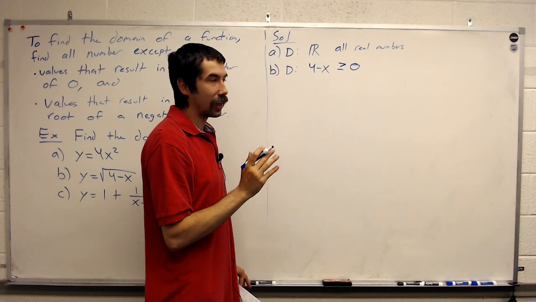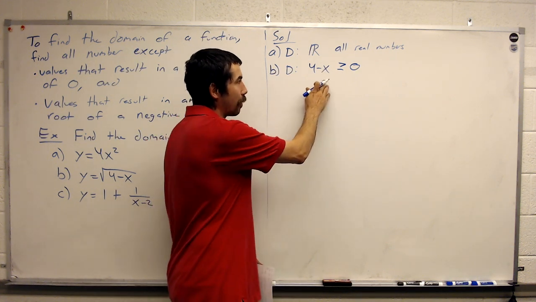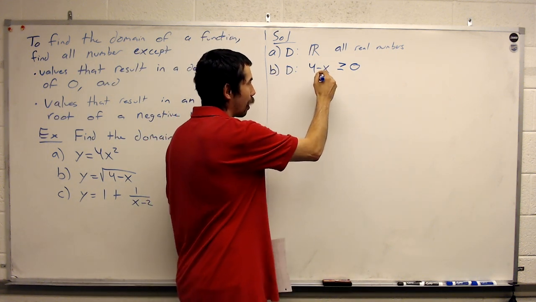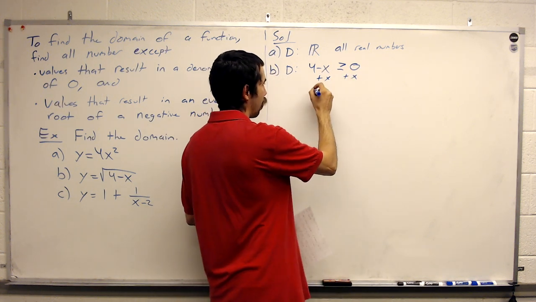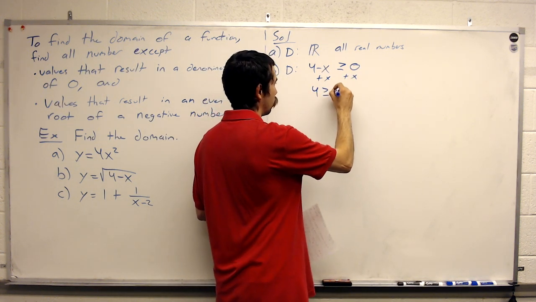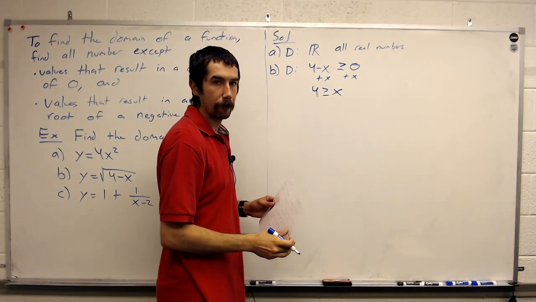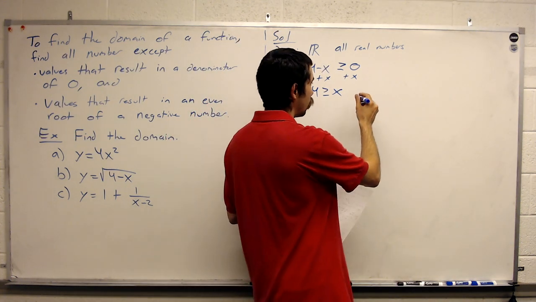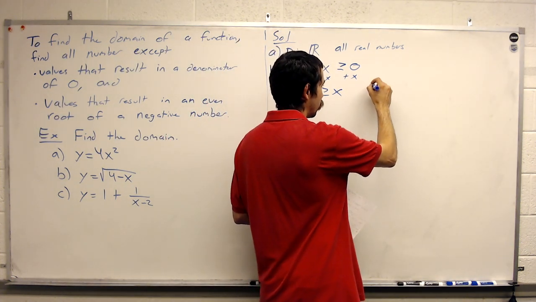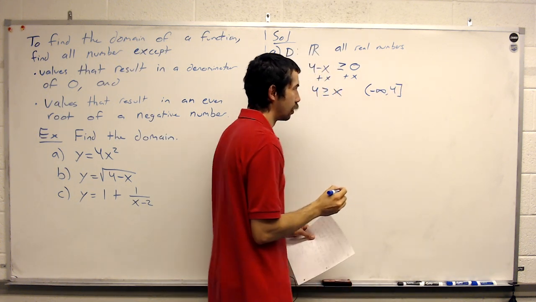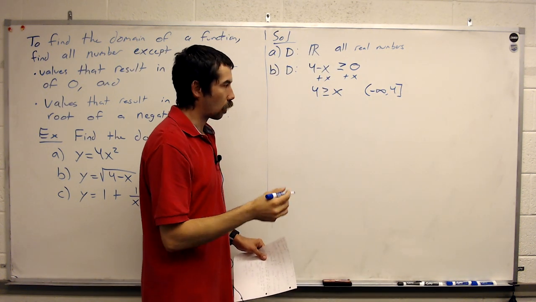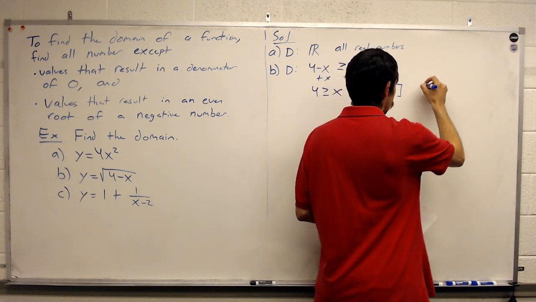That's what it means to be not negative. Now we need to get x by itself. This is easy, right? We just add x to both sides. And we have that 4 is greater than or equal to x. All right, so the domain, we could write in interval notation, negative infinity to 4 included. Or we could write it with the number line.